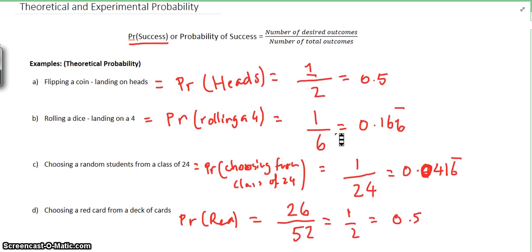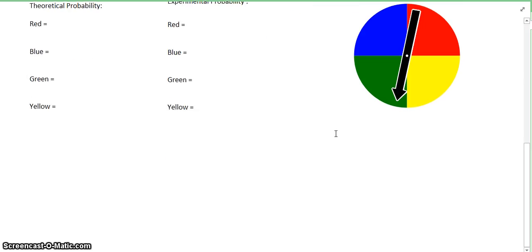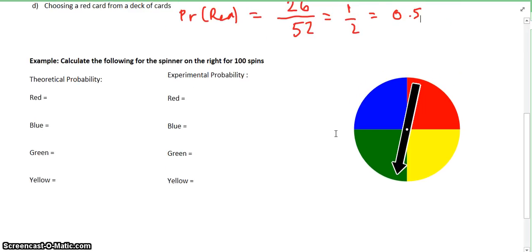So now that we've covered theoretical probability, let's quickly move on to experimental probability. It says here, calculate the following for the spinner on the right for 100 spins. So, theoretical probability. How many possible options can we get out of this?